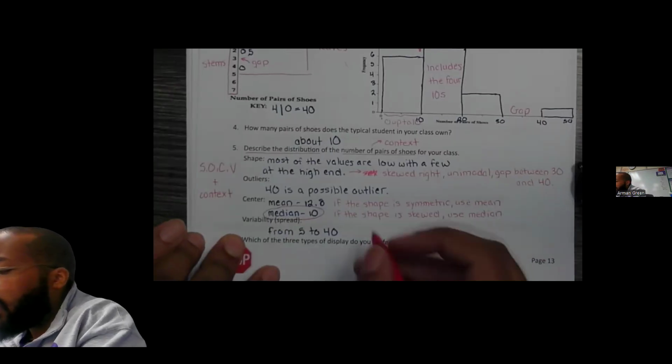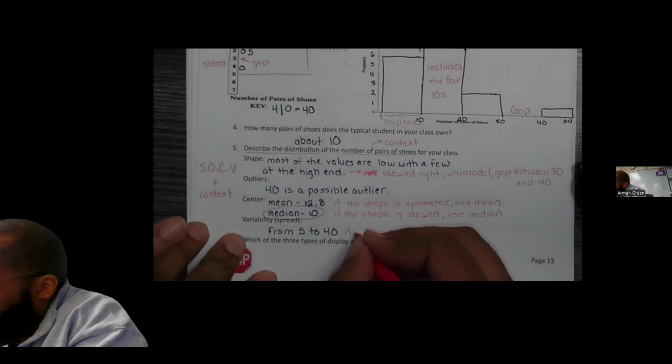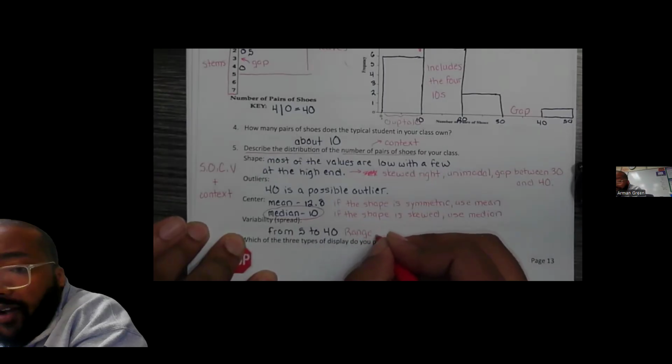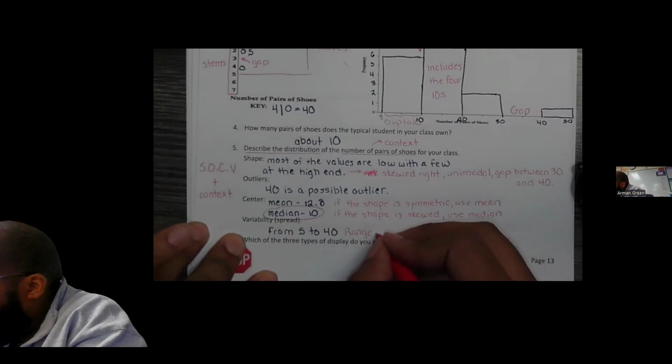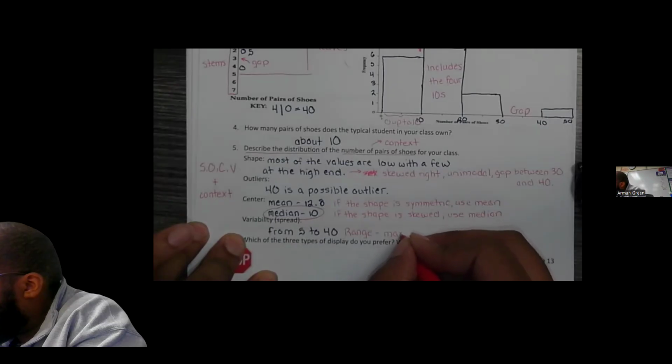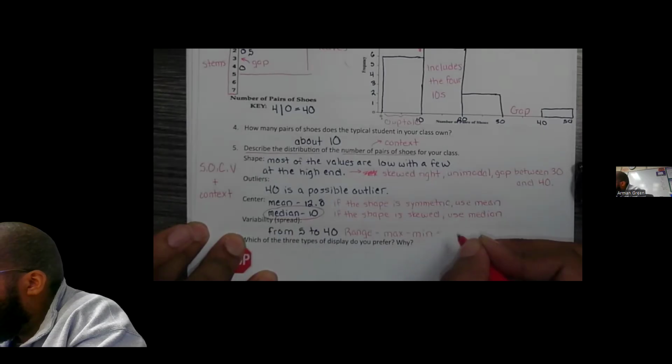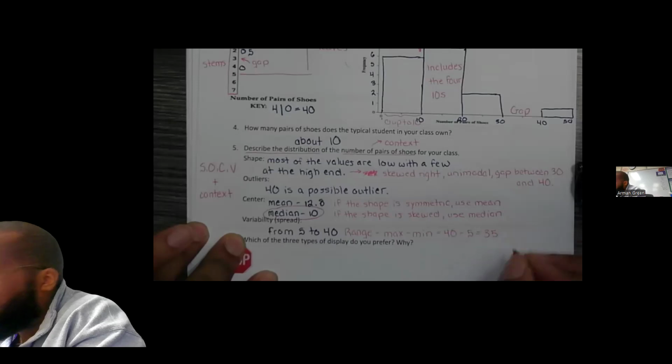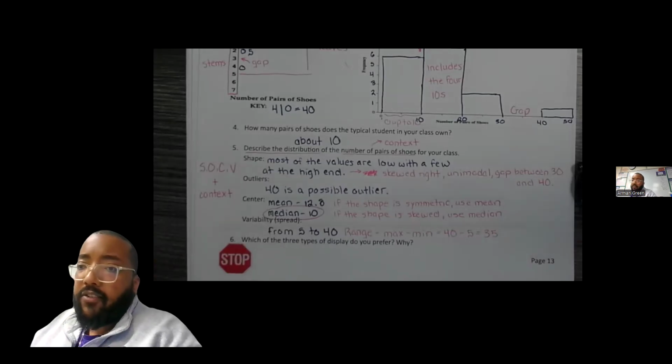Not only can you say that, but you can use what is called the range. To find the range, you take your max minus your min. The highest number we had is 40. The smallest number we had is 5. So 40 minus 5 is 35. That is your range.